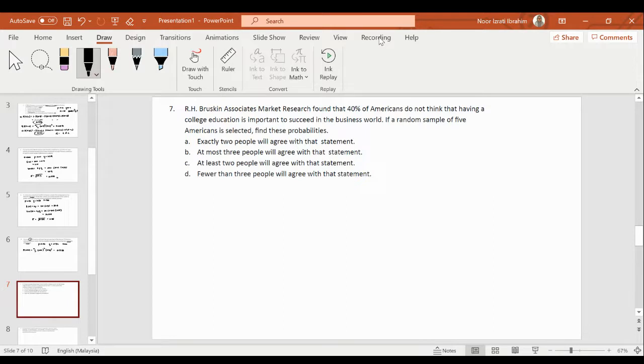So the success is agreeing with the statement, meaning they do not think that having a college education is important to succeed in business.